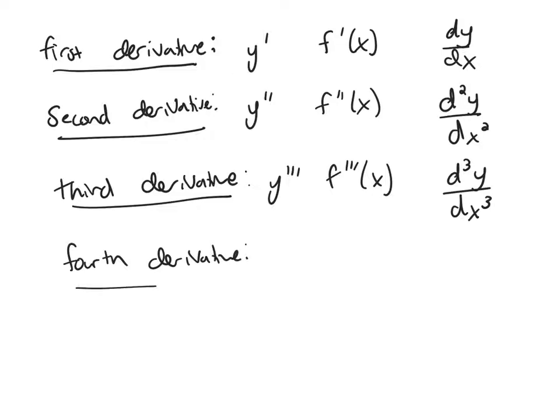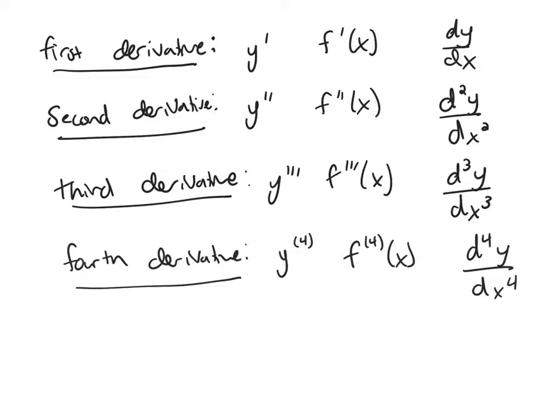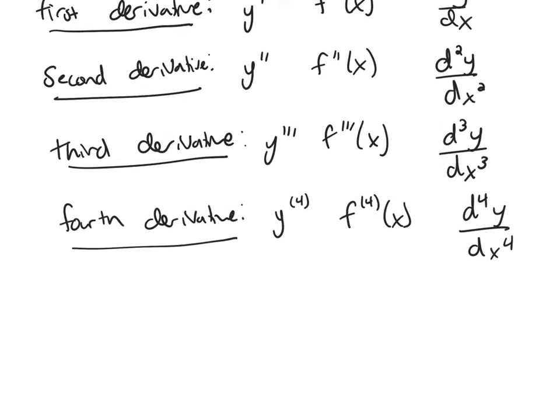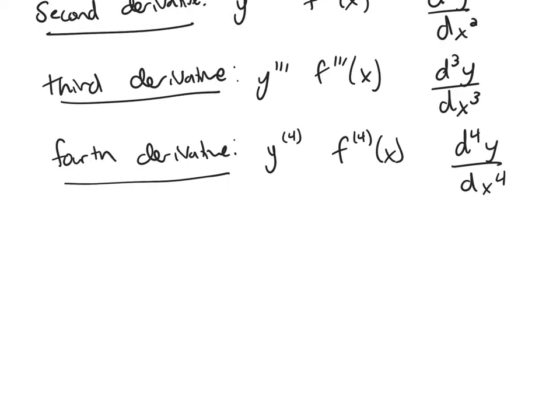But we get tired of writing those marks up there, so we would write y parentheses 4, f parentheses 4, or d4y dx to the fourth there. And this could keep going. You could take a fifth derivative, a sixth derivative, and so on and so on. So now that we know what these higher order derivatives are, let's look at doing an example involving them.